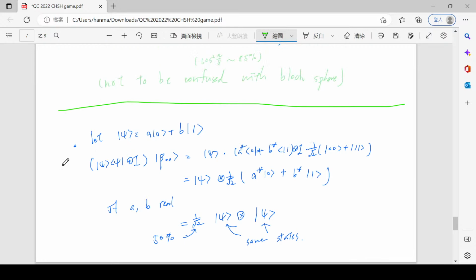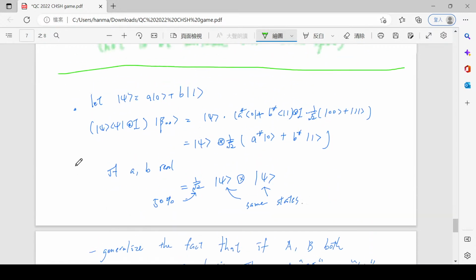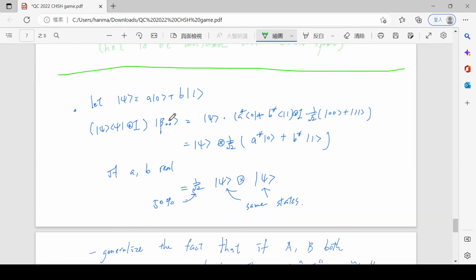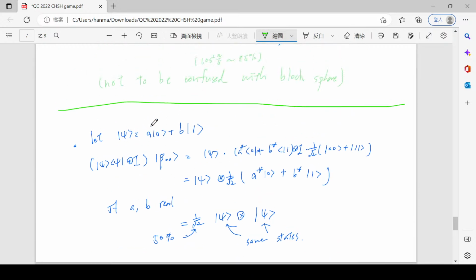Let's see that in the equation here. We don't know the real thing yet. Suppose one of the basis states Alice measures is this psi, a qubit state, A0 plus B1.